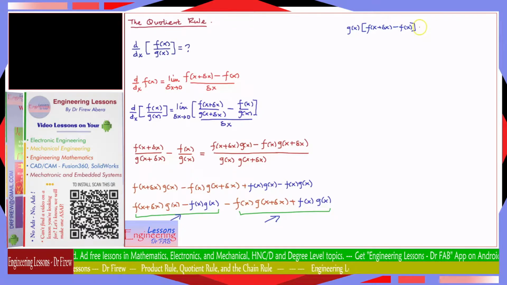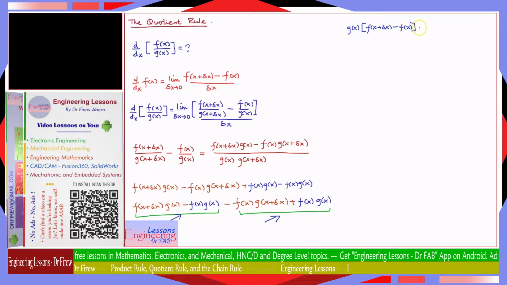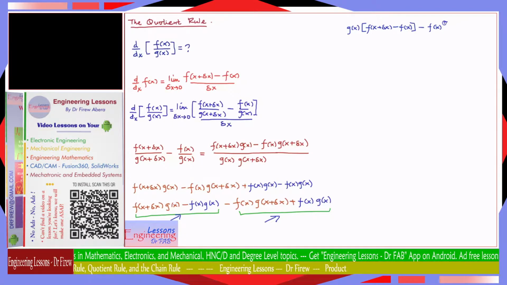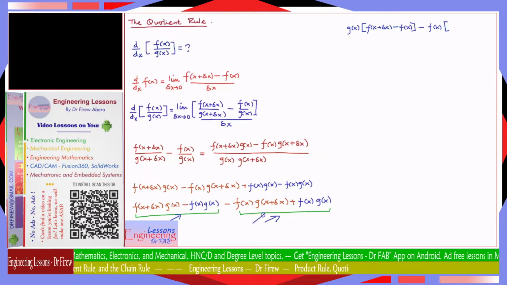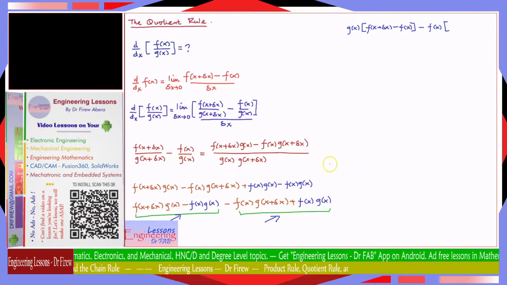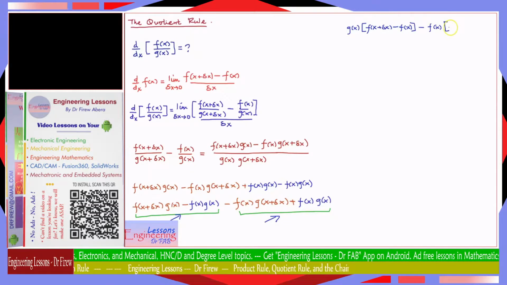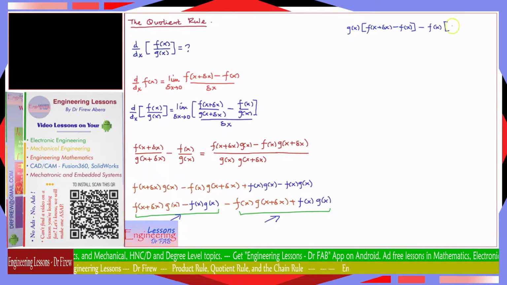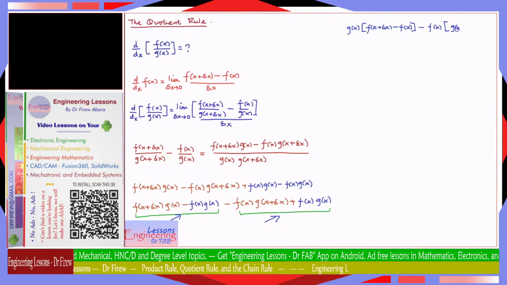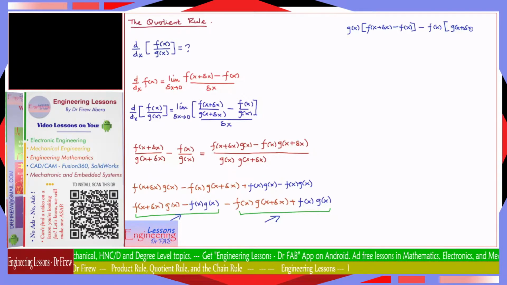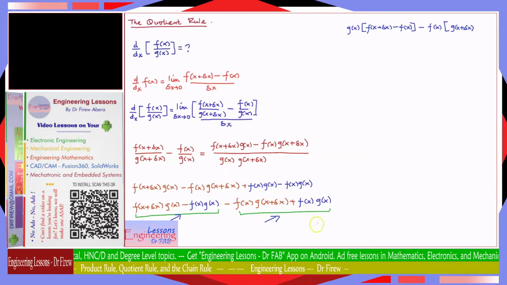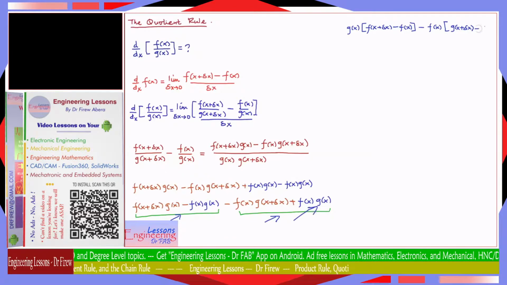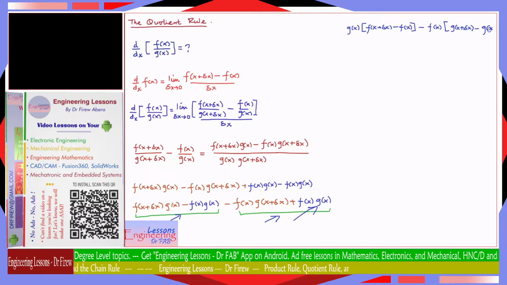If we take minus f of x as a common factor, we'll be having g of x plus delta x minus g of x.